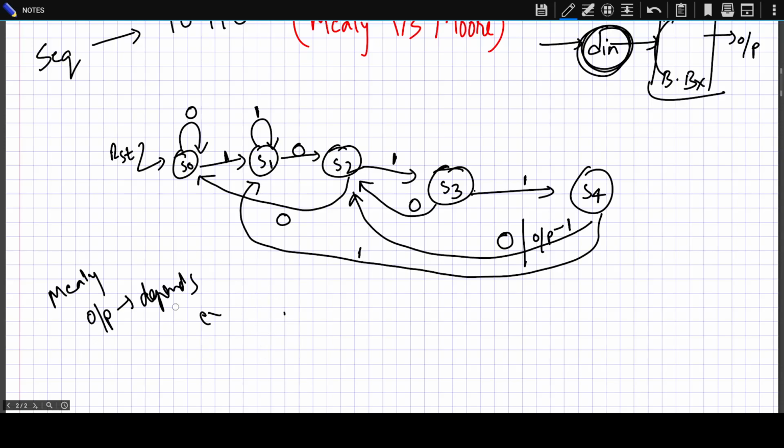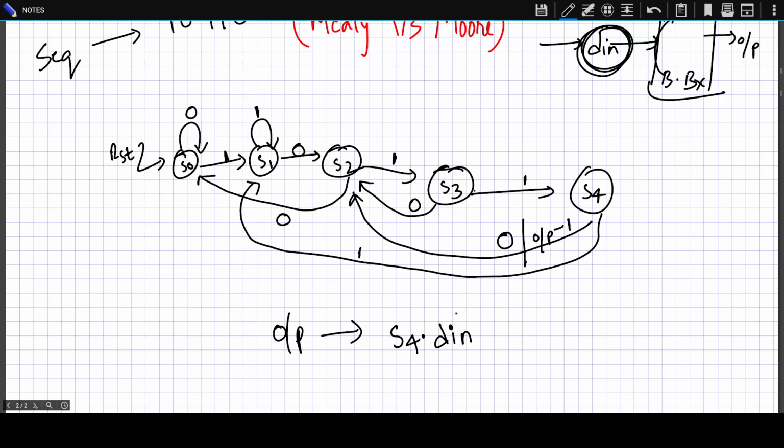So how would I write the output equation of this FSM? The output equation would be, whenever I am in state S4 and I get dn to be 0, which I will represent by dn bar. So the output equation would be S4 times dn bar, and you see that S4 is internal. S4 belongs to the state machine.